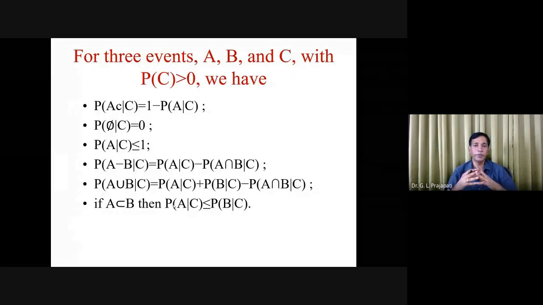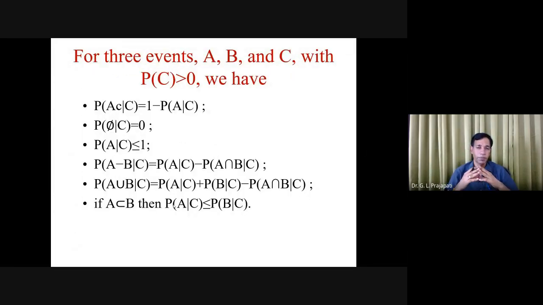Now if you have three events A, B and C, and assuming that the probability of C is greater than 0, then there are some rules you need to know. Here small c denotes the complement. A^c means A complement.